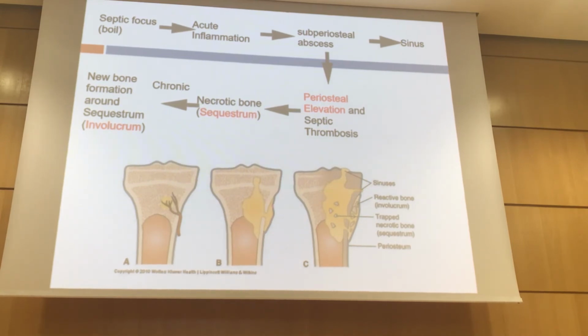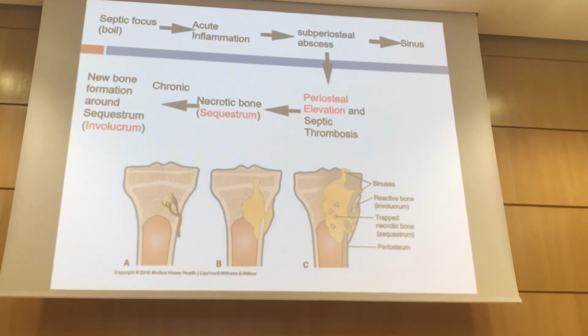Septic thrombosis will cause necrosis. After all this compression, the blood supply will be even less, and the pus will grow and invade the bone marrow later on, going out and inside. And this will lead to severe osteomyelitis.